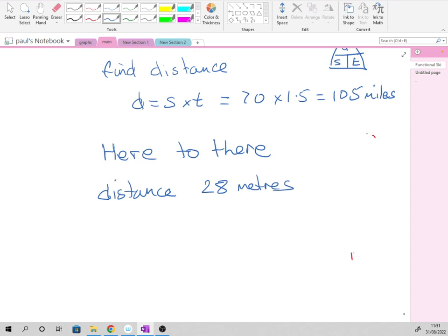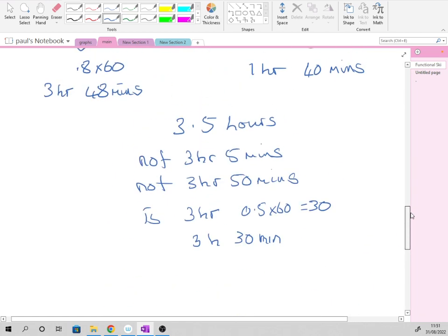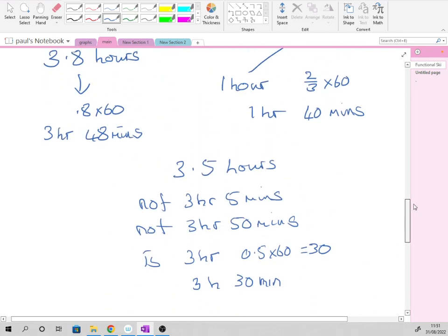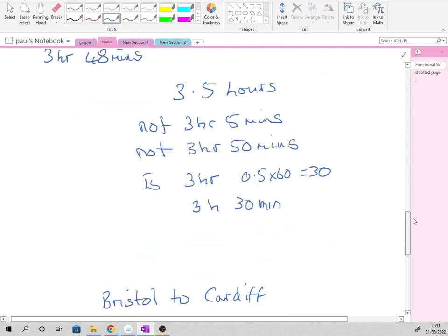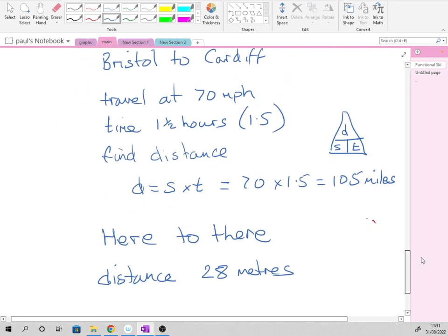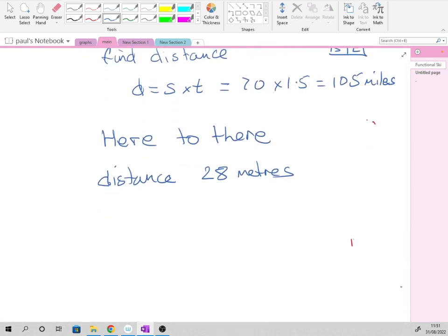We found the time in the first one. We found the distance, and now we're going to find the speed. So the time it takes to get there was 14 seconds. Oh, this would be easy. What is the speed?